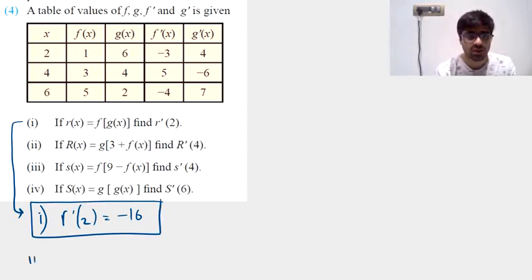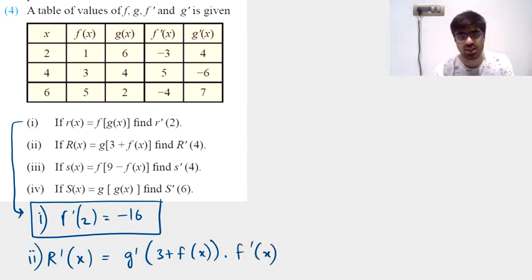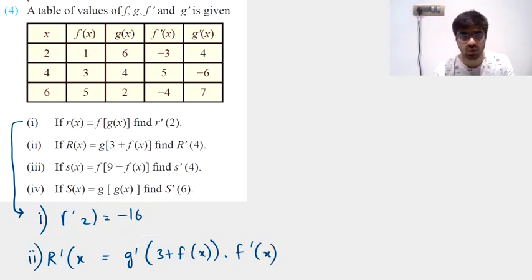Similarly, let's try finding the second one, that is r of x is given to us. Find r dash 4. So r dash x is going to be g dash 3 plus f of x. Multiply that further with the derivative of 3 plus fx, that is 0 plus f dash x, which is simply f dash x. Put x as 4.